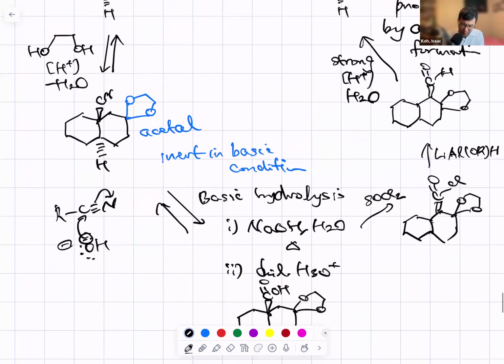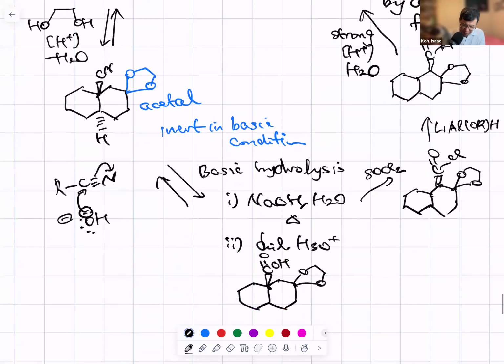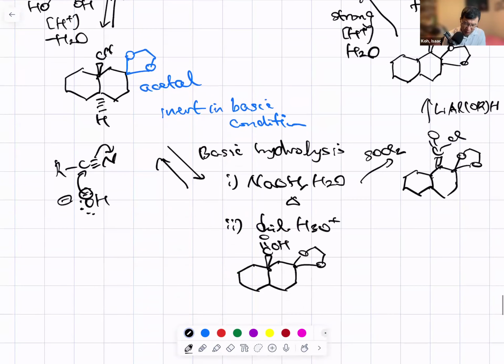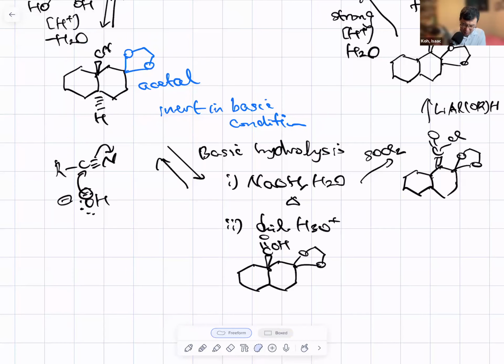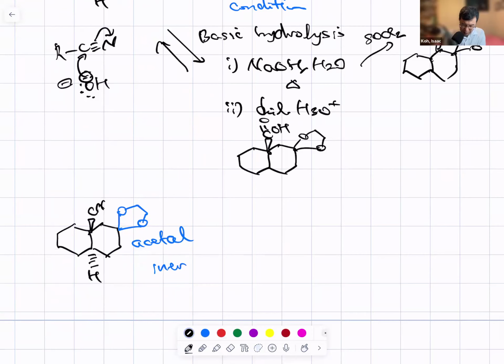Or from here, let me copy this acetal into here. Then we can use diisobutyl aluminum hydride at low temperature.